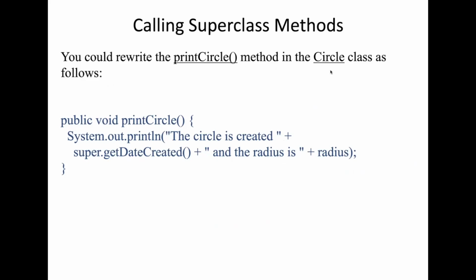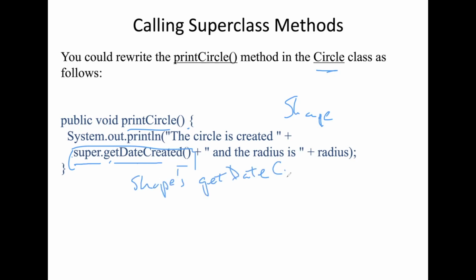This is an example of a circle class, which inherits from, say, shape, its superclass. Inside the circle's print circle method, we can invoke the superclass method called getDateCreated by way of super.getDateCreated. This calls shape's getDateCreated.